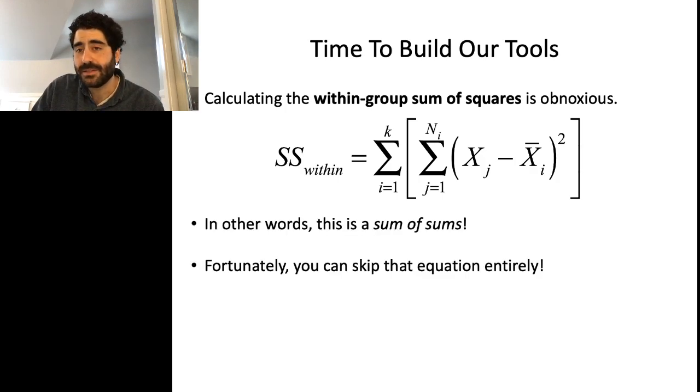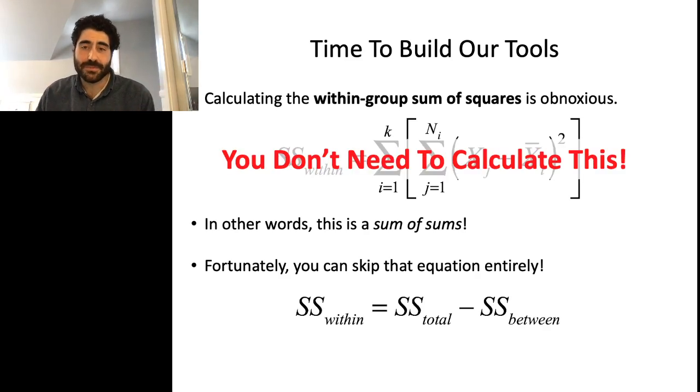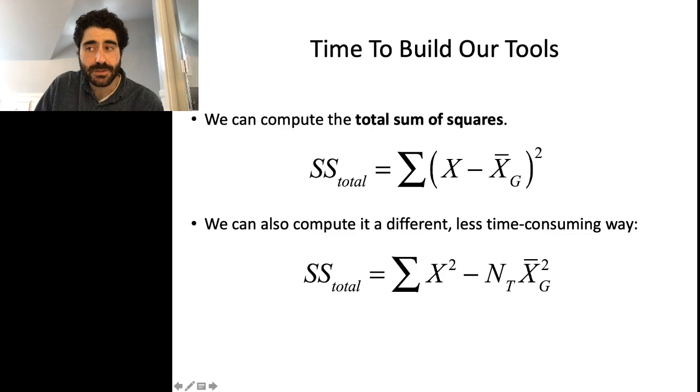Another nice thing here, though, is we actually don't have to do this, because remember, the total sum of squares is divided up into the between and within. Since this is the most annoying one to calculate, usually we don't calculate it. We just calculate the total sum of squares, which is that sum over all the points of how far away they are from the grand mean. There's one term for every point.